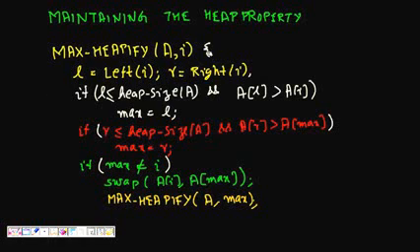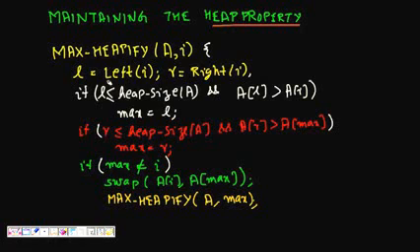This is maintaining the heap property at a given node I. The array is also given for the heap and the node index is given. We have to check whether, for the heap starting at this node, the max heap property is satisfied, and if it is not, we have to correct it.